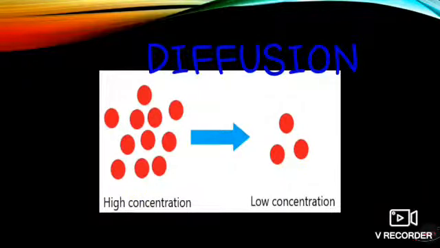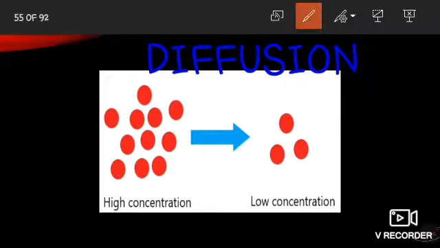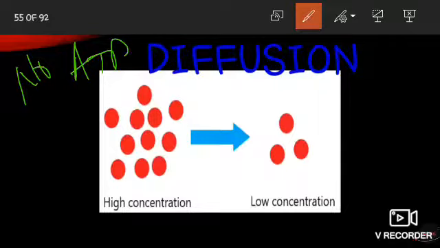Diffusion is passive in nature. Passive means it does not require energy. That means no ATP is used. So in diffusion, movement of particles will always be from high concentration to low concentration.